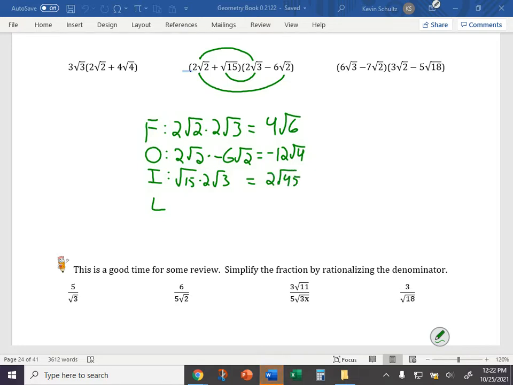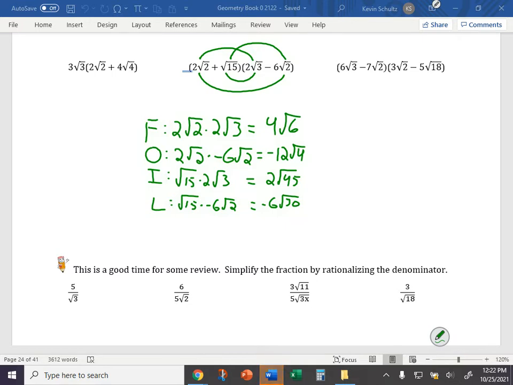And the last terms, root 15 times negative 6 root 2. What do we get? Negative 6 root 30. Any questions on this much?